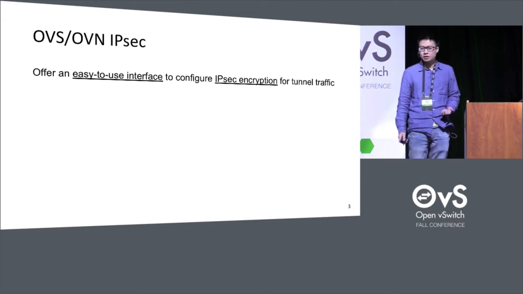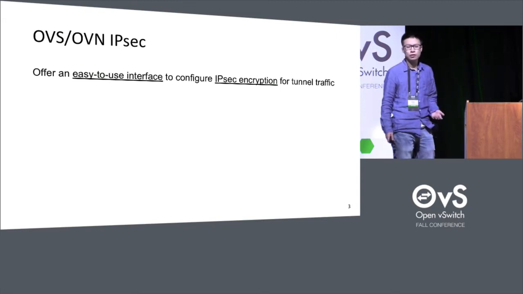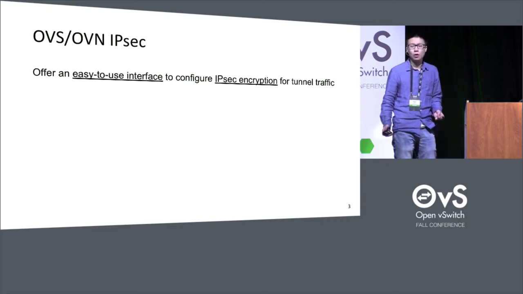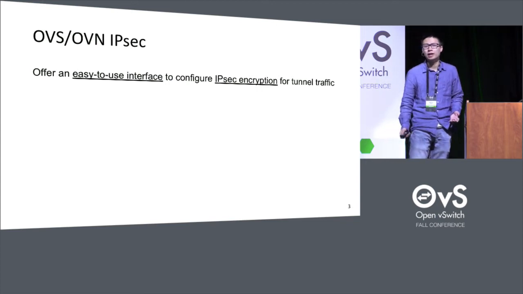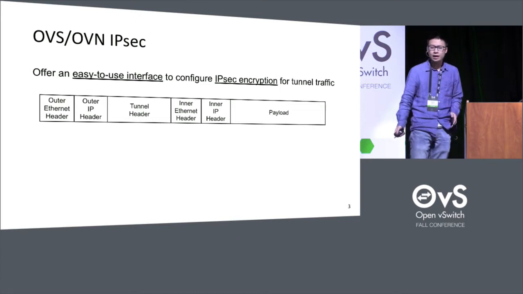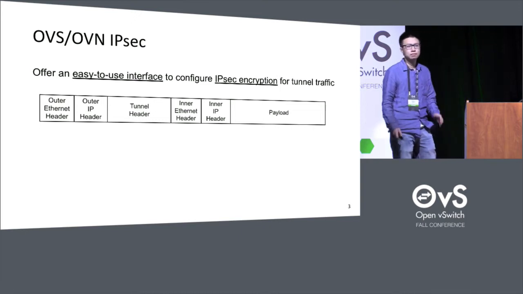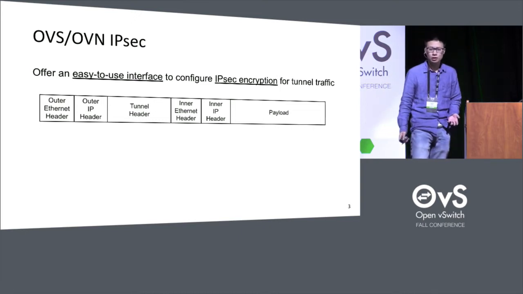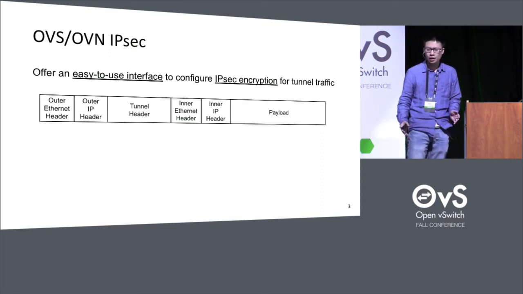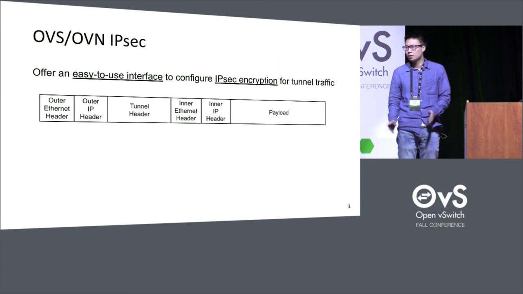So in this project, we aim to offer an easy-to-use interface for the administrator to configure IPSEC encryption for the tunnel traffic in OVS. At a very high level, a tunnel packet has an outer Ethernet header, an outer IP header, and a tunnel header, and then the inner headers.